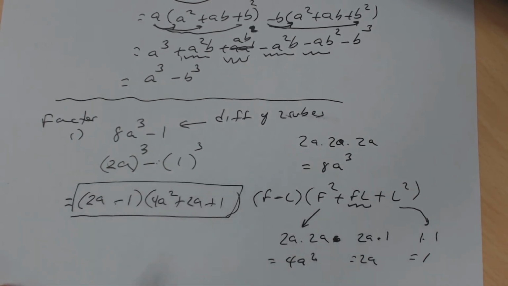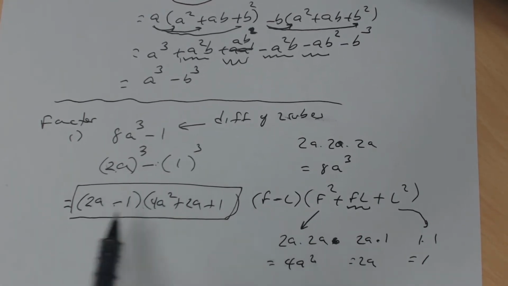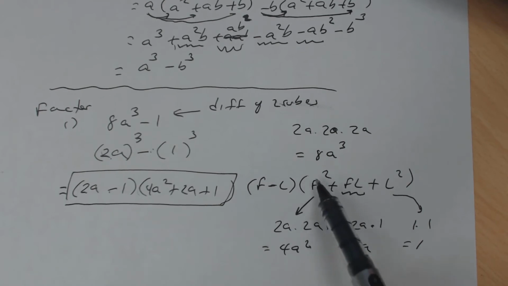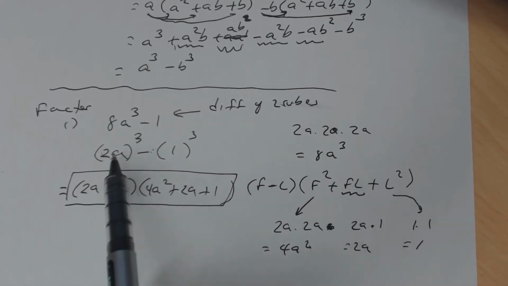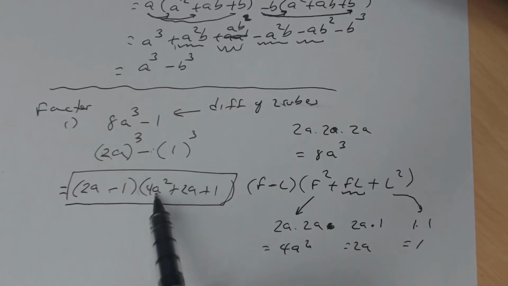You're done. So you factored the difference of two cubes as 2a minus 1 times, and notice you write it out. Don't do it in your head. You're going to mess up. So remember, this right here means I take that first parentheses, that base, inside the first parentheses, and I multiply by itself twice. That's what that says. So 2a times 2a is 4a squared. So that goes here.